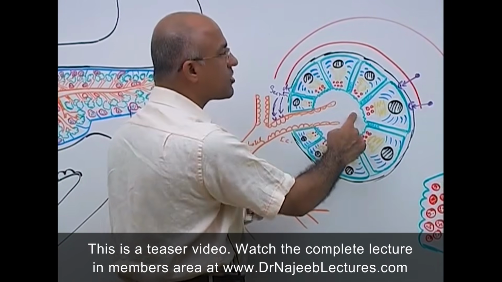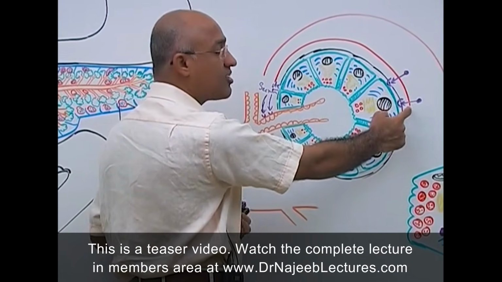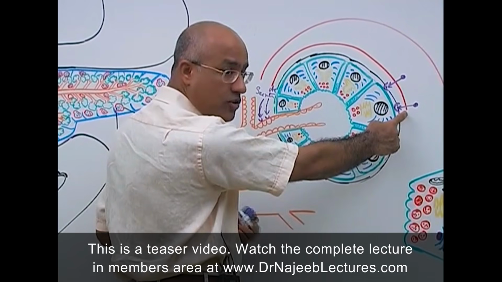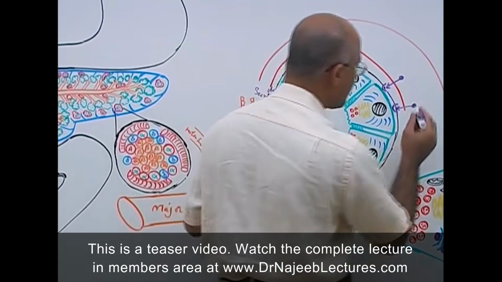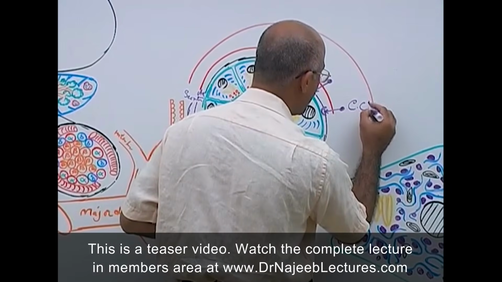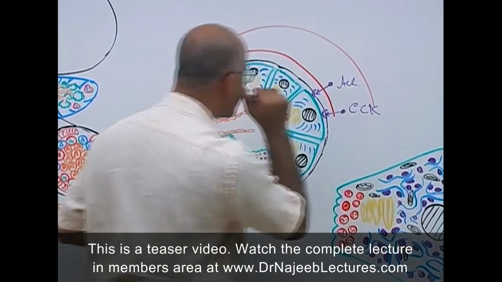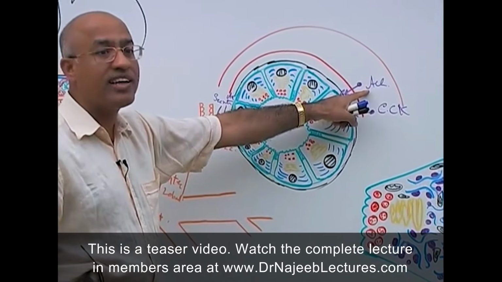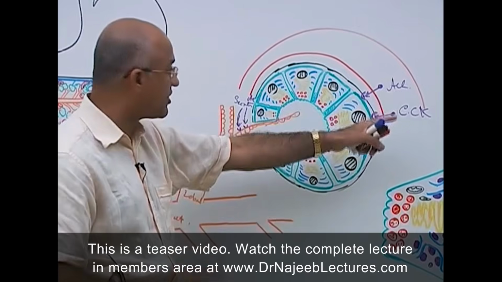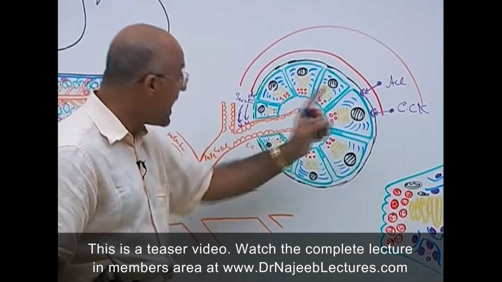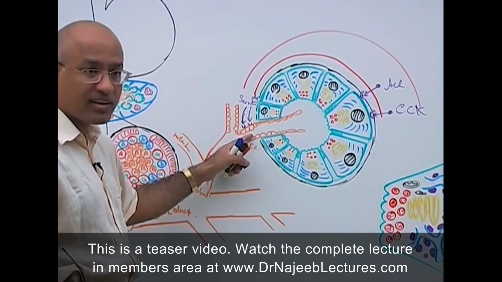These cells are usually stimulated by acetylcholine or cholecystokinin and acetylcholine. So we can say acetylcholine from cholinergic nerve endings of the parasympathetic nervous system stimulates the acini, as well as acetylcholine can stimulate the ductal cells.